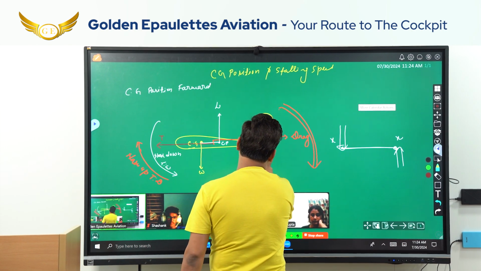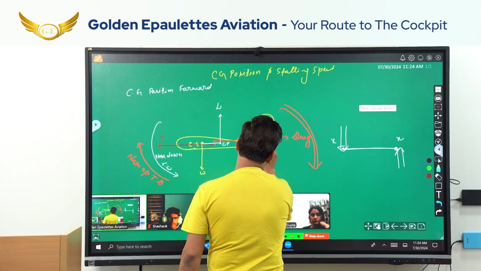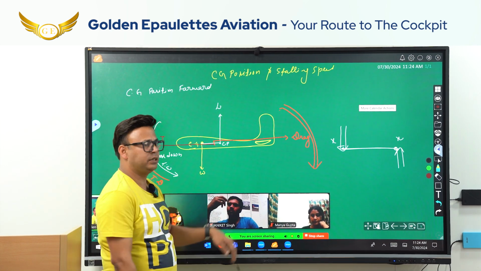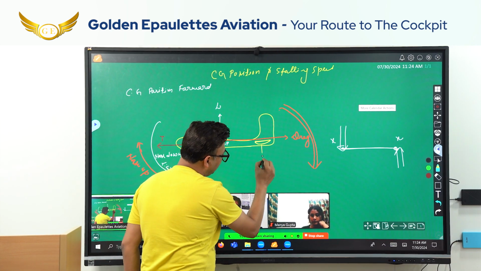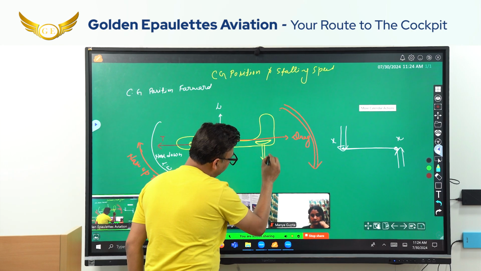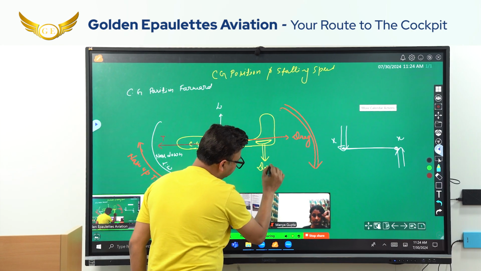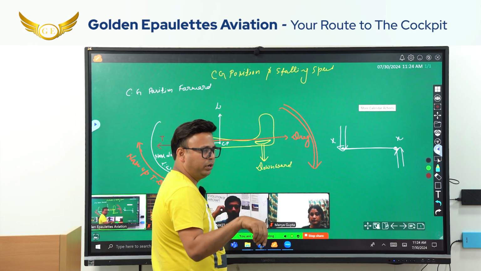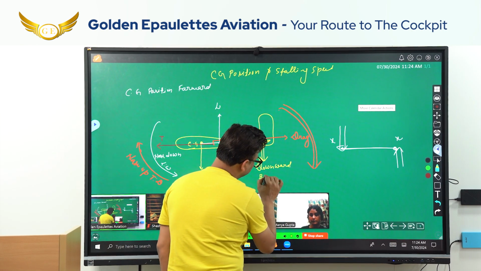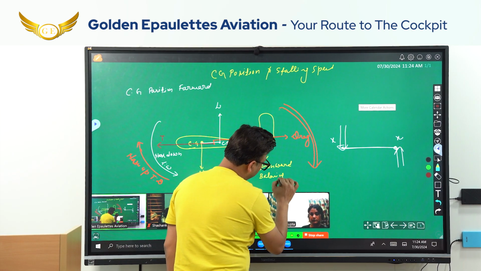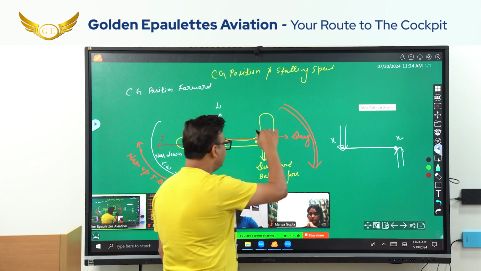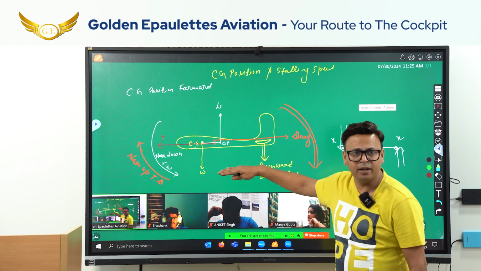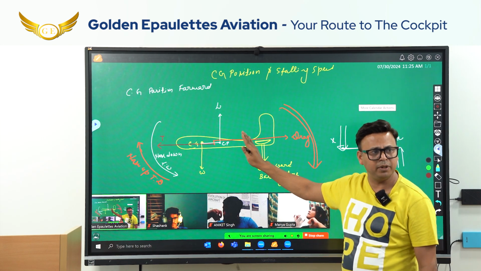Now to provide this stability to the aircraft, you have the tail plane. It is the tail plane which provides the downward balancing force. This tail plane creates a downward balancing force. You can say lift downward. Now, this downward balancing force at the tail will again cause a nose up pitching moment.